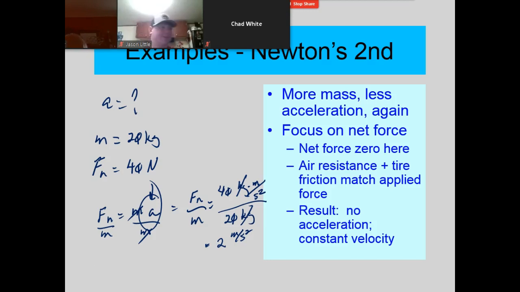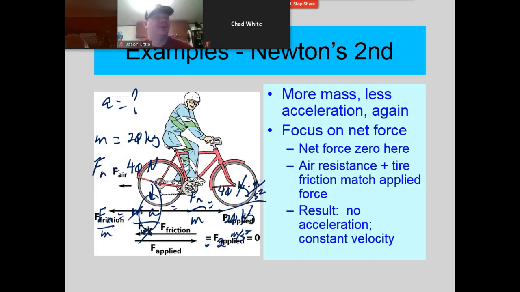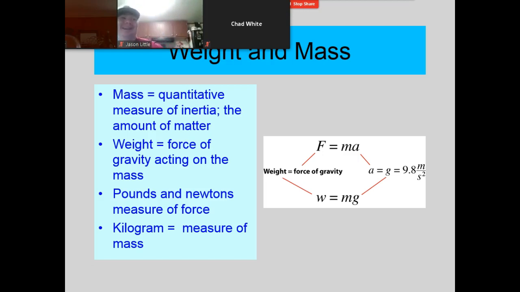Okay. So let's move to weight and mass. Now, a lot of times in everyday English, we use these two terms as if they're the same.